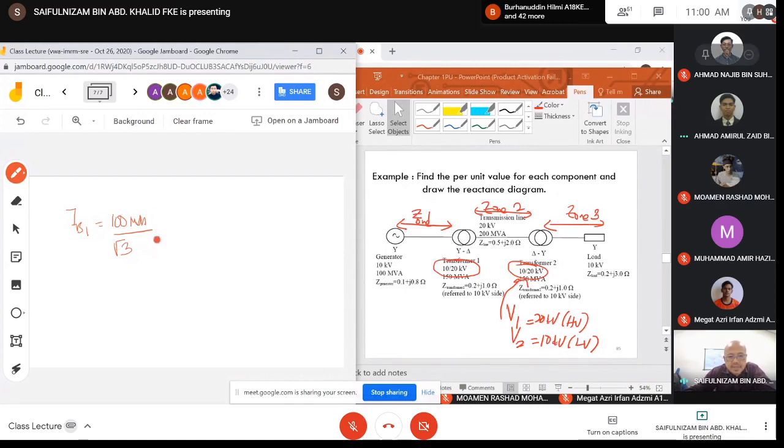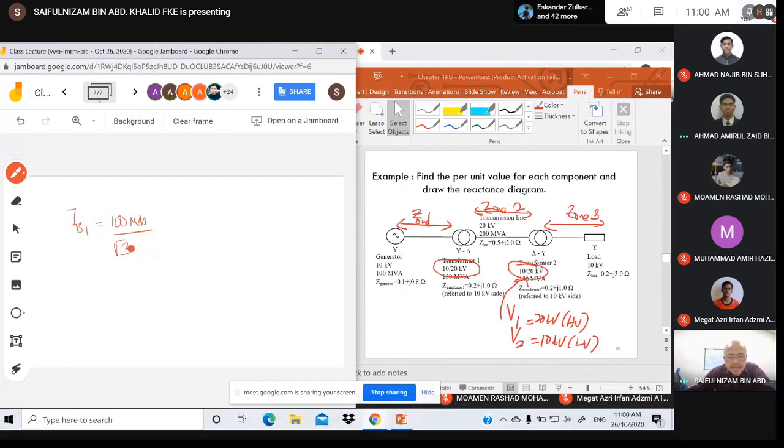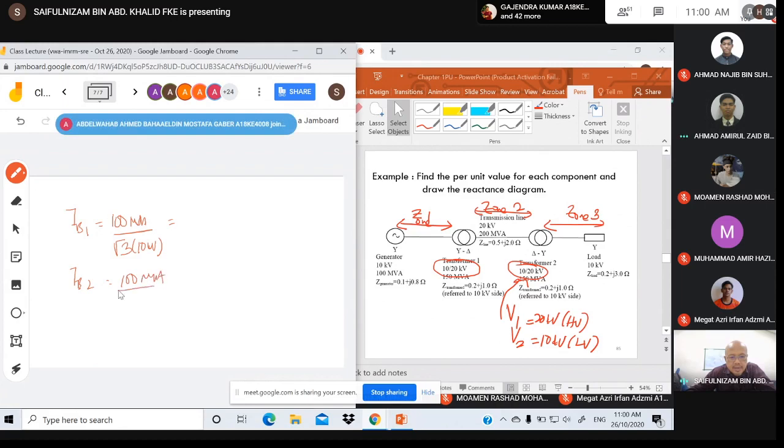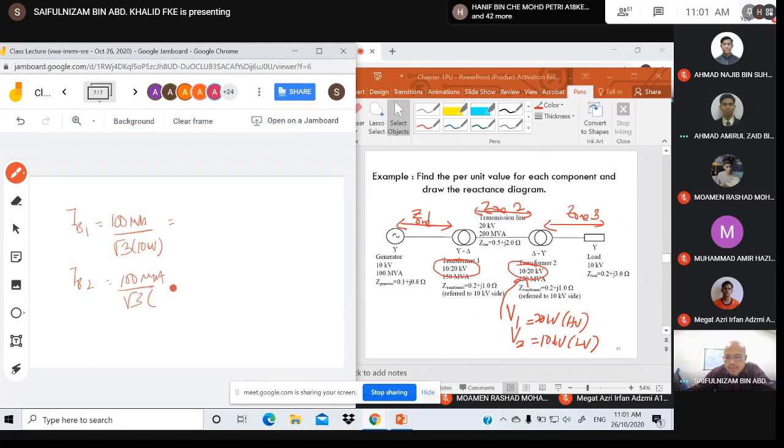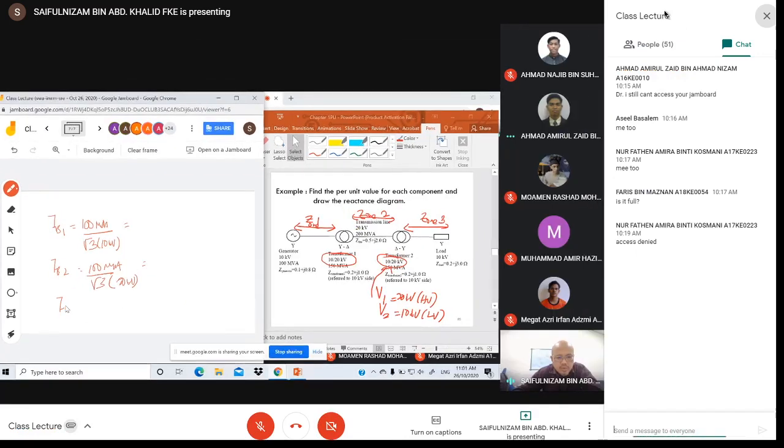Three-phase, so root 3 times the new base voltage at zone 1, which is 10 kV. So you get the IB1. IB2 is 100 MVA divided by √3 times the base voltage at zone 2, which is 20 kV. You get the base current at zone 2.